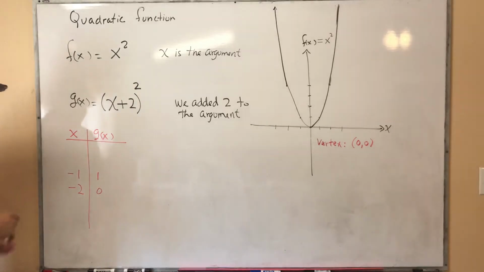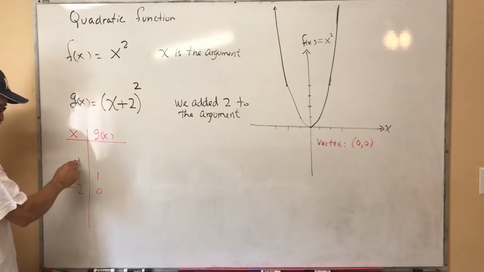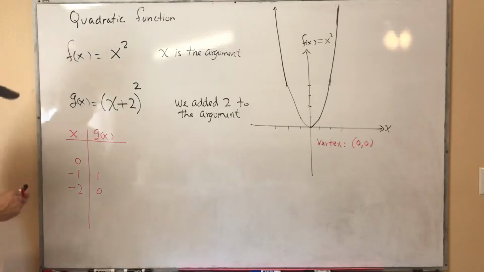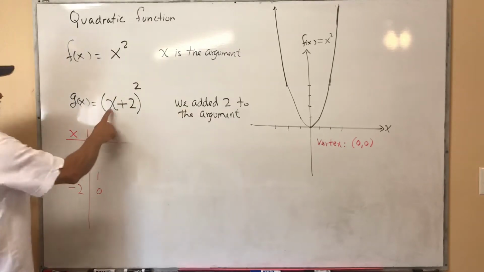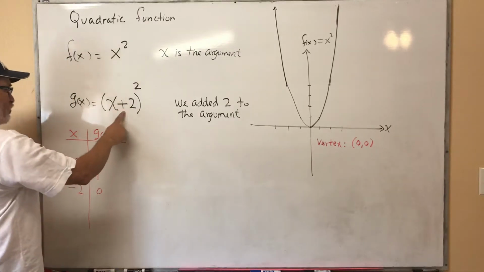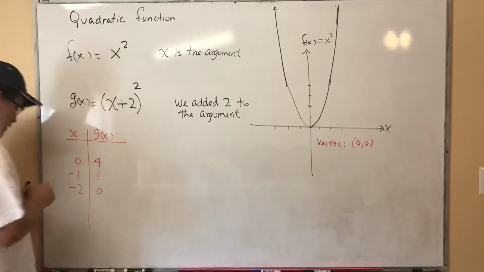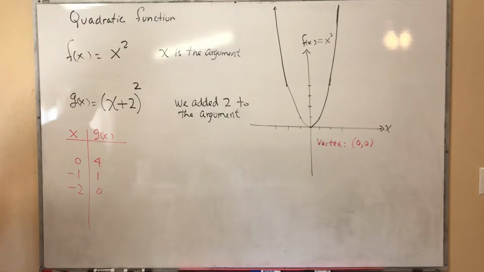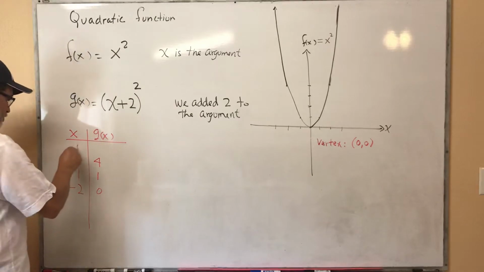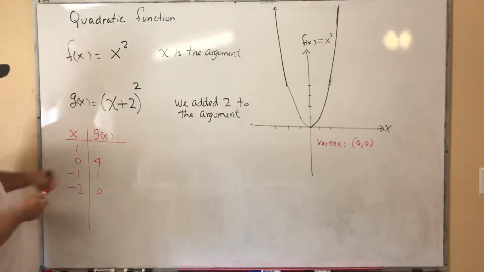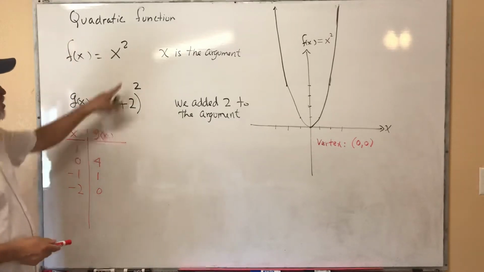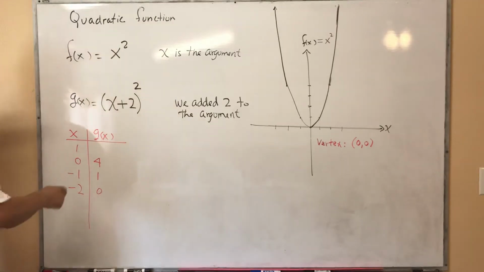Let x be 0. 0 plus 2 is 2. What's 2 squared? 4. Let x be 1 now. 1 plus 2 is 3. 3 squared? 9.